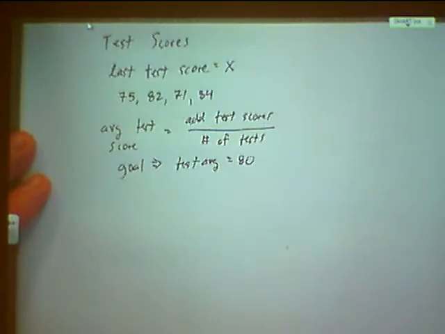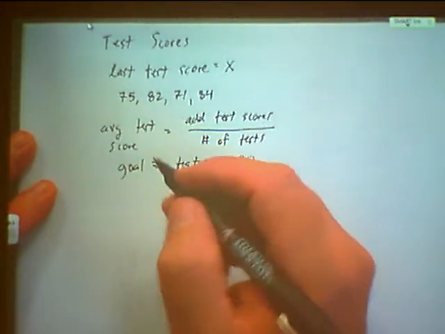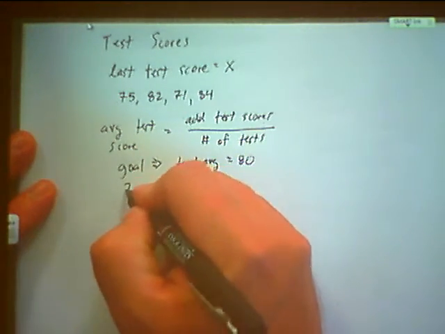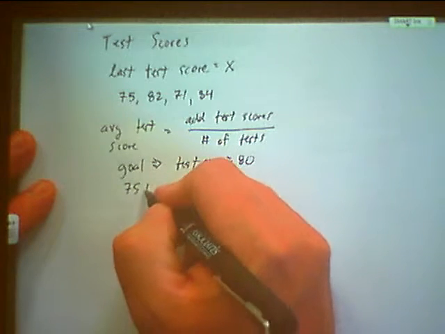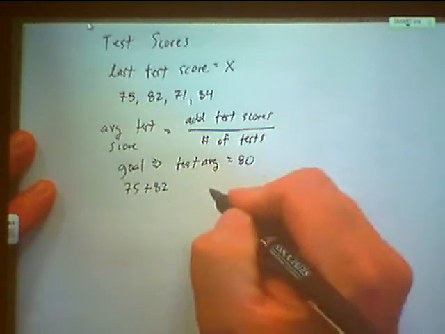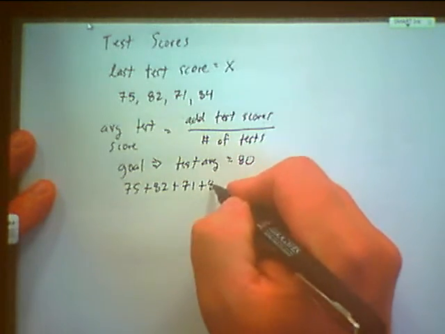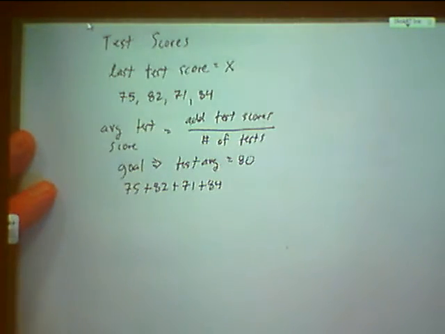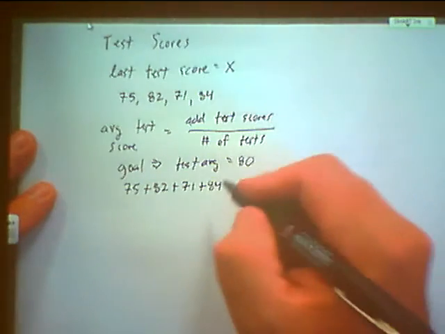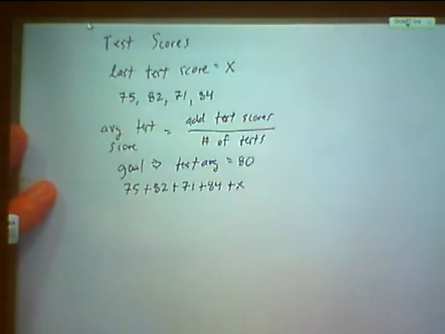So what we say is we take his first 4 test scores and he's going to take a 5th test, which we're calling X.